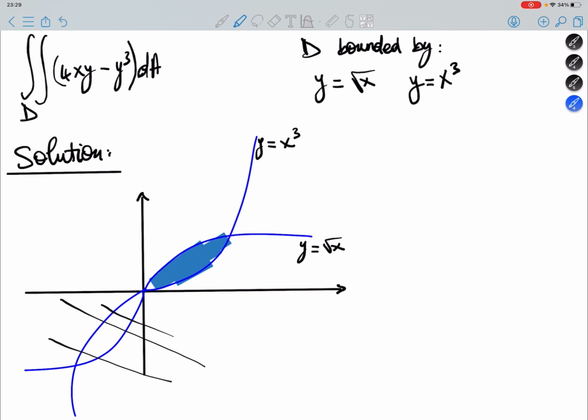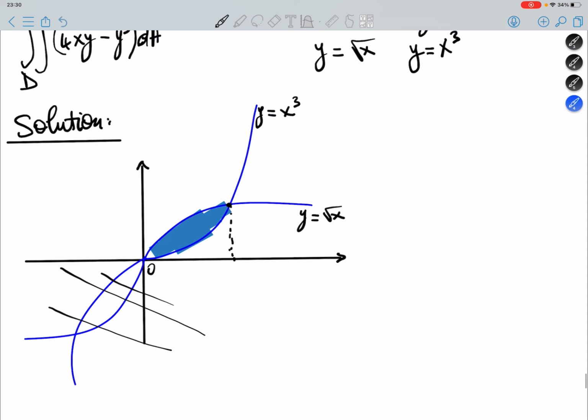So for this area, x starts at 0, so our x goes from 0 to this point that we have to find. We can find this point by solving the simultaneous equations. So we have y is equal to x cubed and y is equal to square root of x, and this implies that square root of x is equal to x cubed.